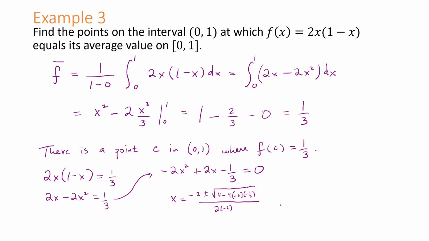Just putting everything into the quadratic formula. Let's see, that would be 4 minus 4 times -2 times -1/3. 4 minus 8 over 3, which would be 24 minus 8 is 16, so we get 16 over 3.